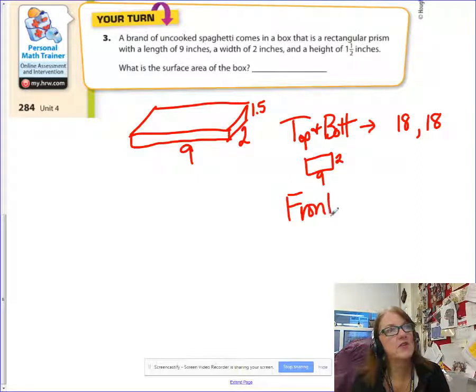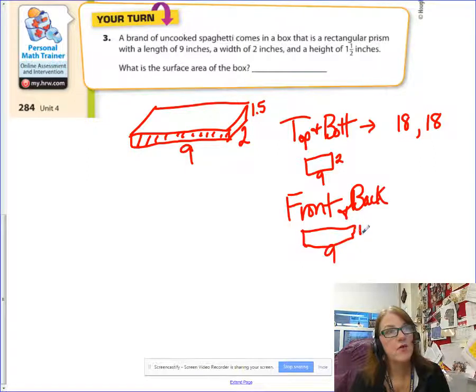Now we're taking care of the lateral area all around the sides, front and back. This is this skinny rectangle here, and this happens to measure 9 by 1.5. So let's multiply that up. Base times height, or length times width. 9, 4.5, 13.5. And you have 2 of those.